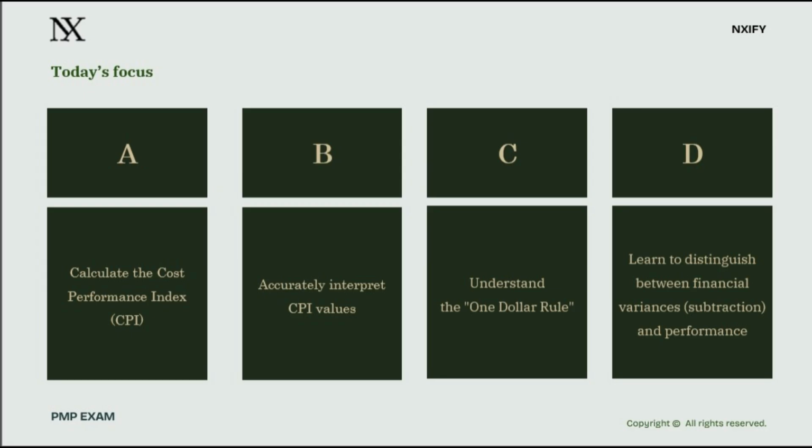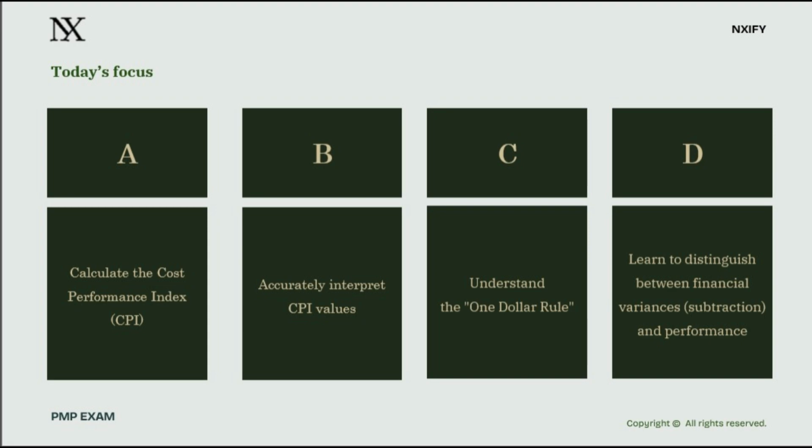B. Interpret CPI values with precision. Not just whether the number is good or bad, but what it's telling you about the relationship between spending and output. C. Internalize the $1 rule, the single most powerful way to explain CPI to a sponsor or stakeholder who has never heard of earned value management.